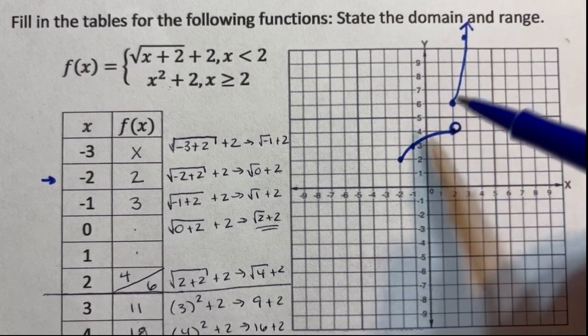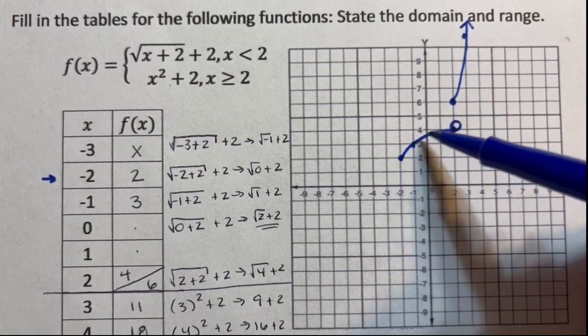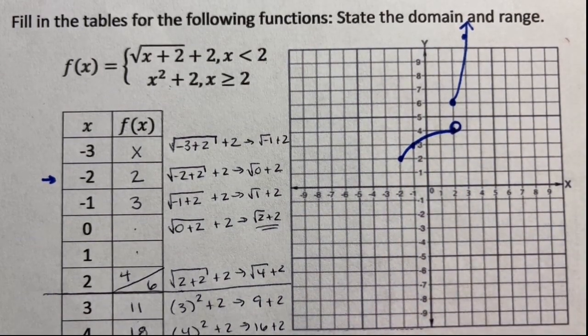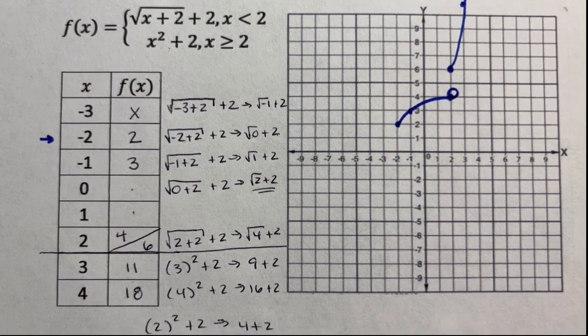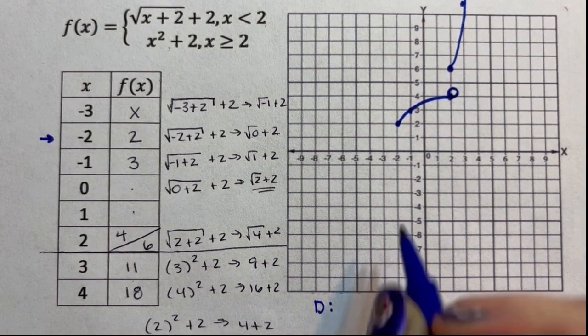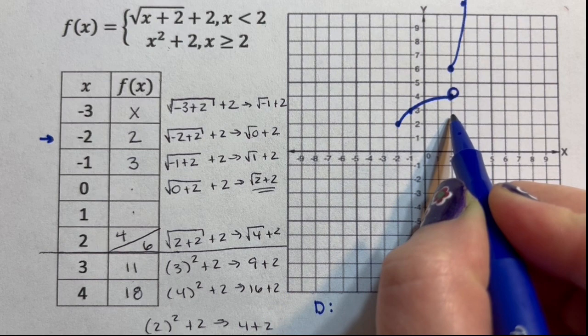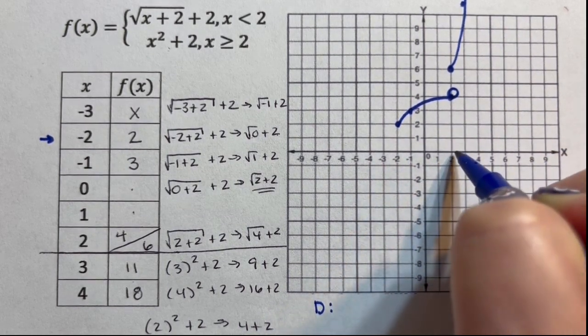So if we look at this for our domain, this part of our domain goes from -2 to 2.